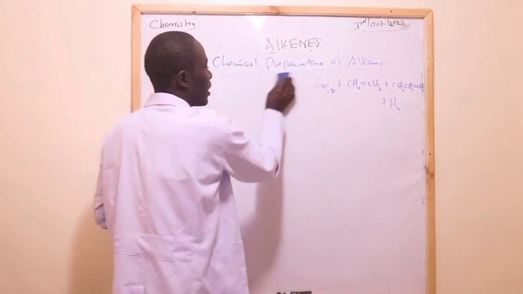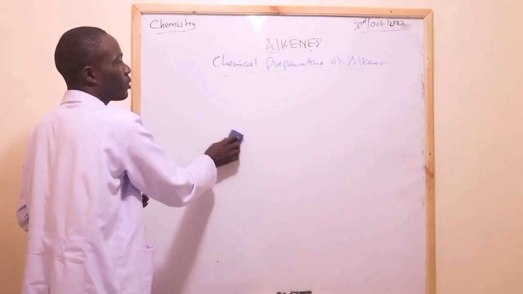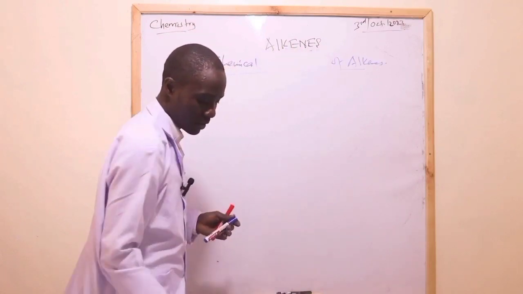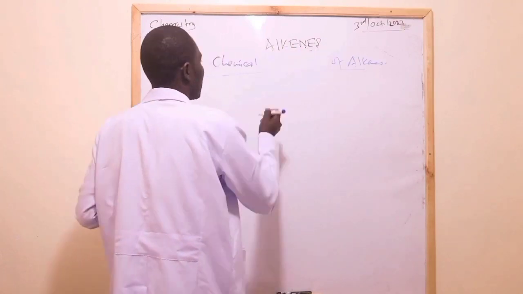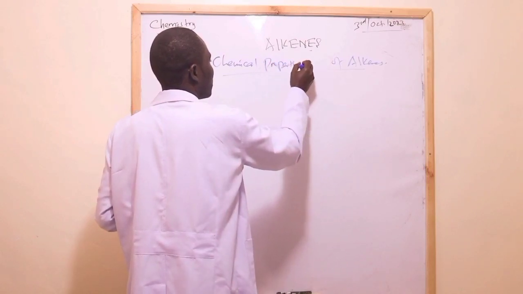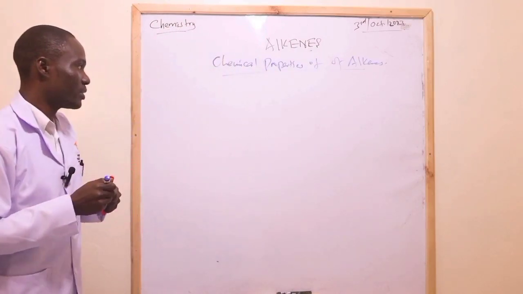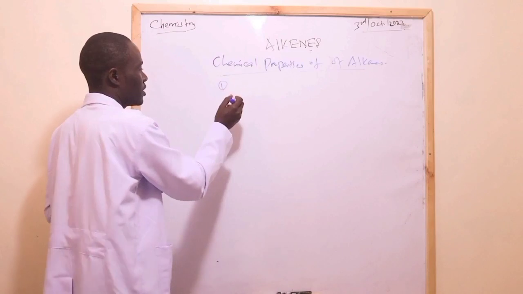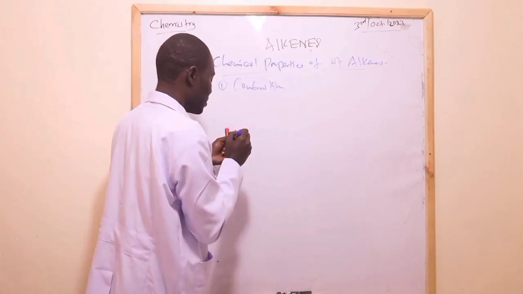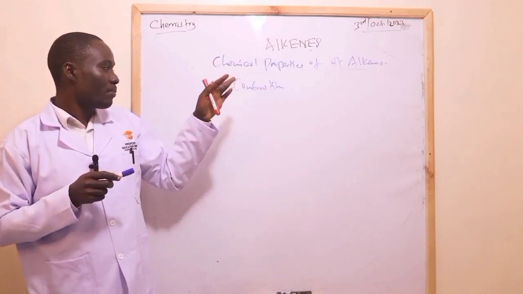Now, moving forward, I want us to learn the chemical properties of alkenes. In the chemical properties, we shall begin with number one, that is combustion. Combustion is just a burning process.